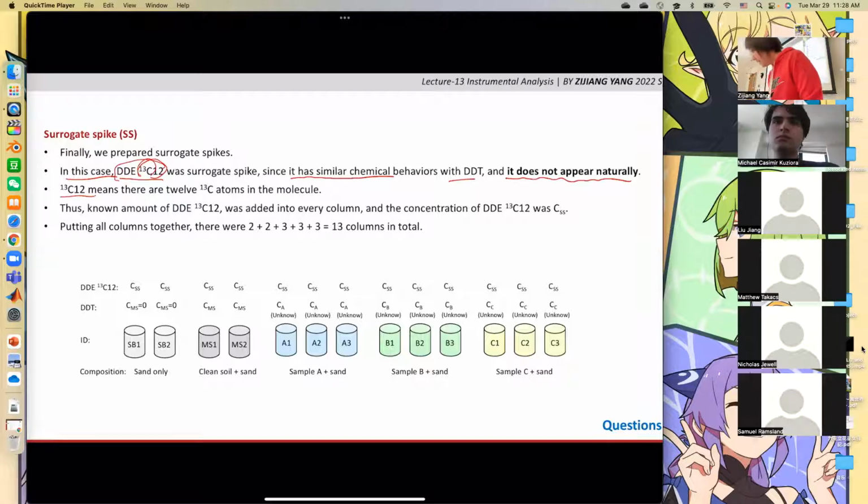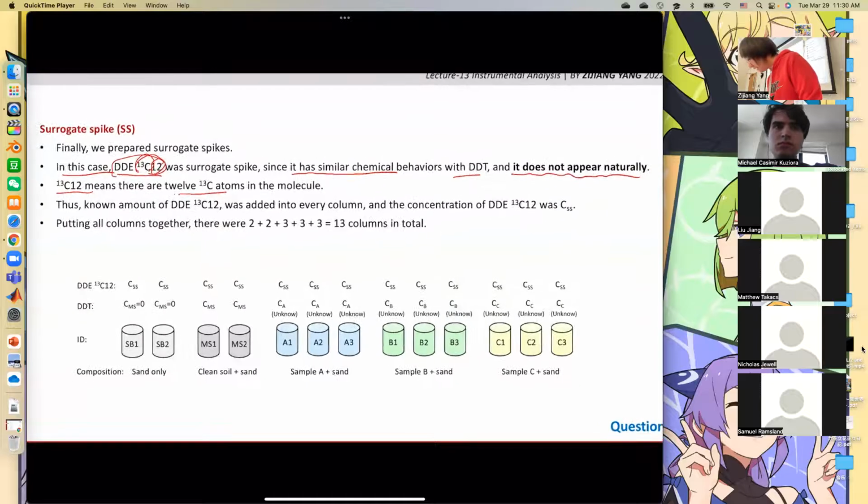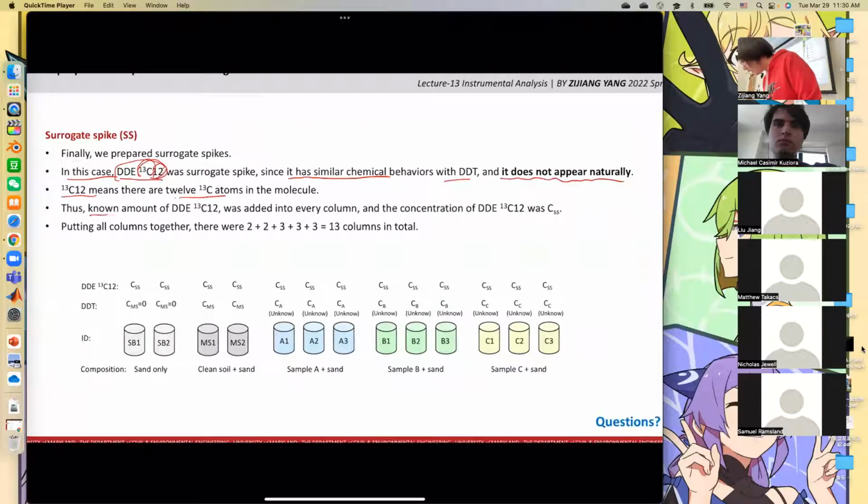And again, C13 is an isotope, where the 12 refers to the 12 C13 atoms in this DDE molecule. And in this case, a known amount of DDE C13 was added into every column. So we add this to every column for the surrogate.